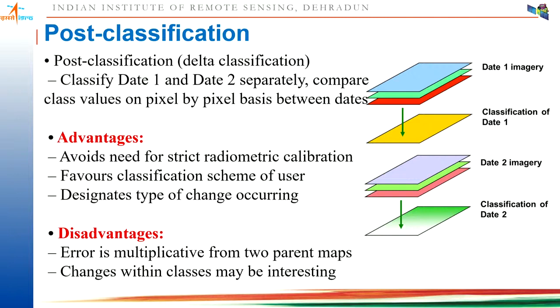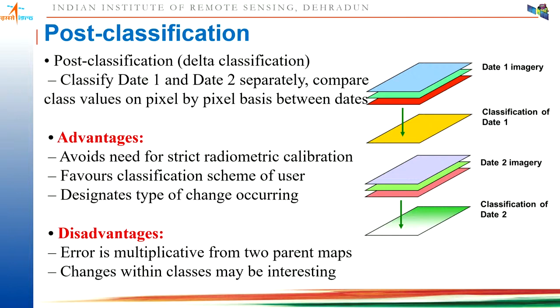Then you compare these thematic maps of date 1 and date 2 to see how much change has happened. The basic advantage of this technique is that it avoids the need for strict radiometric calibration, because we are not directly using the pixel values. We are converting those pixel values into thematic maps using the classification algorithm.